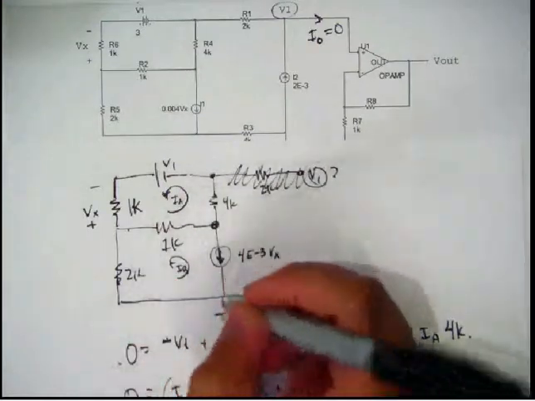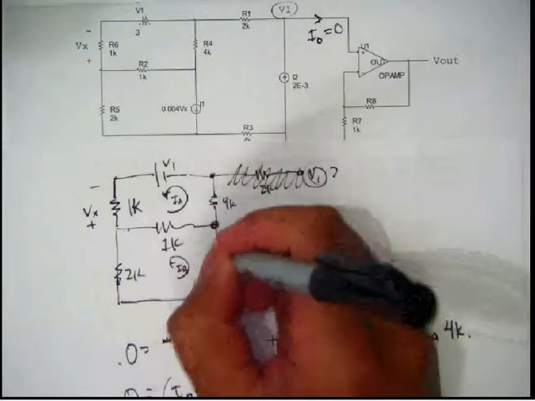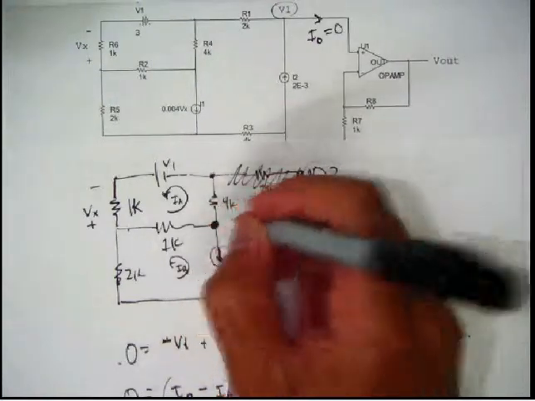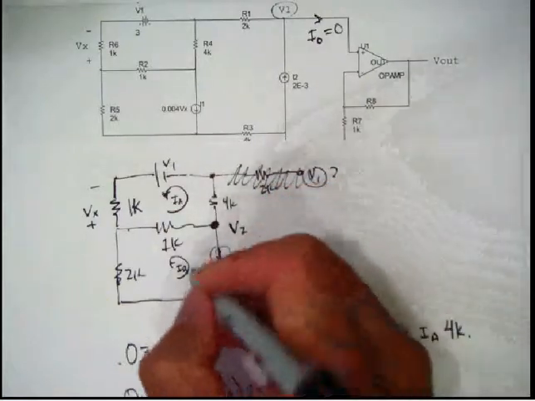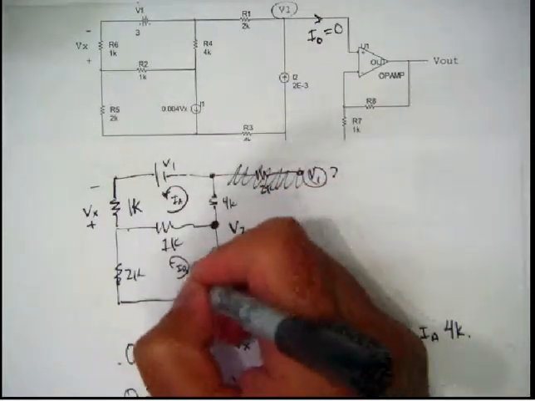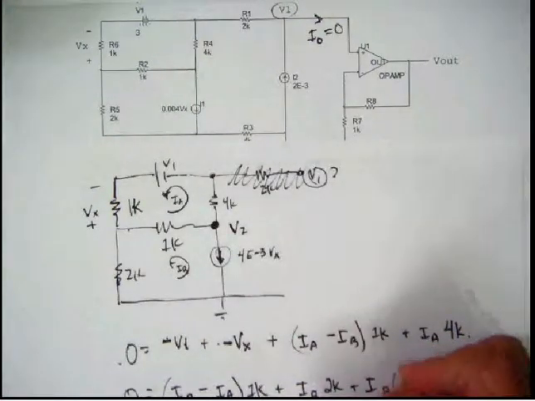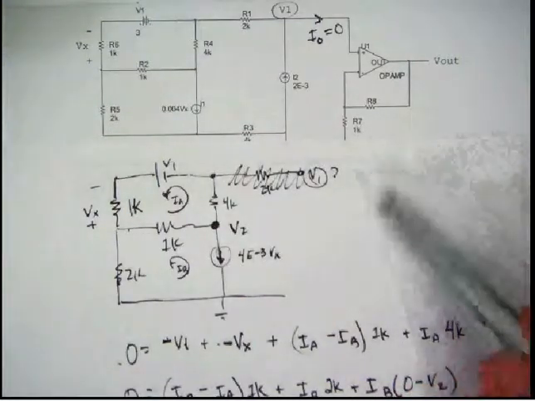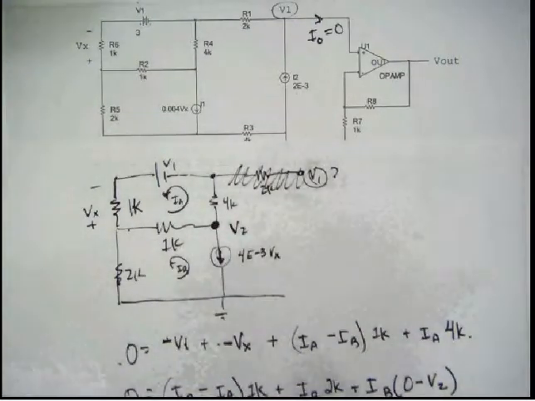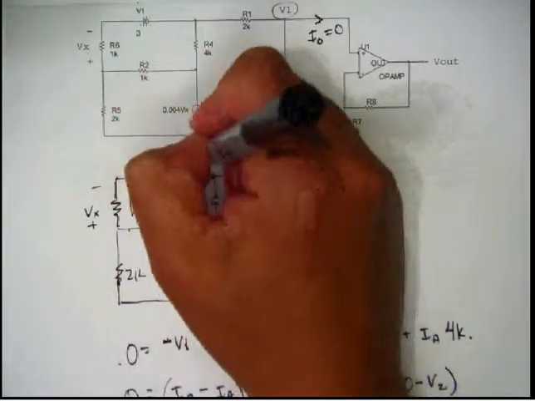And then it goes through here, and then we've got a voltage drop of an unknown voltage. I'm going to call it V2. So our IB current is going through here, so there's a drop in the direction of IB, which is 0 minus V2. So let's see how many unknowns we have. By the way, V1 is a known, which is 3 volts.